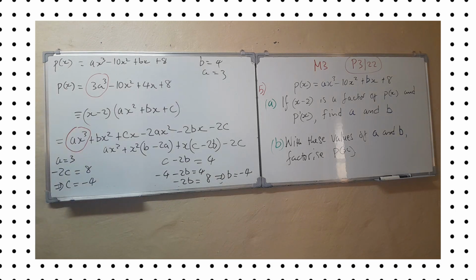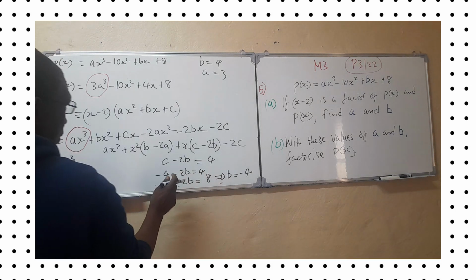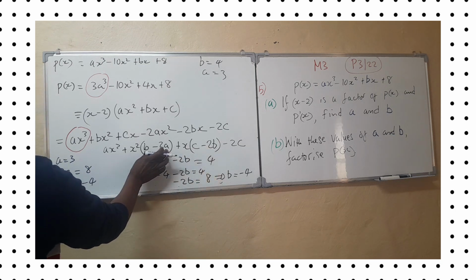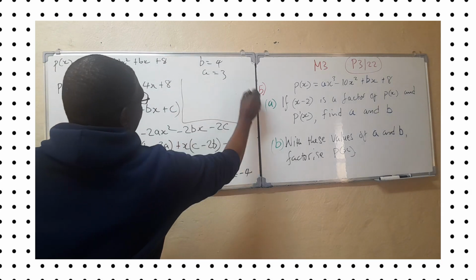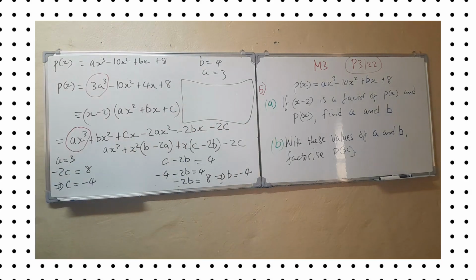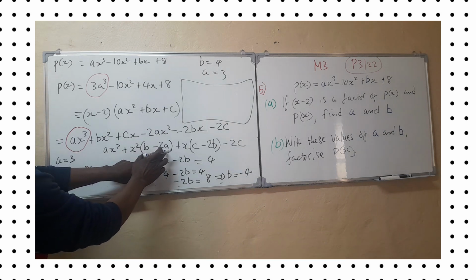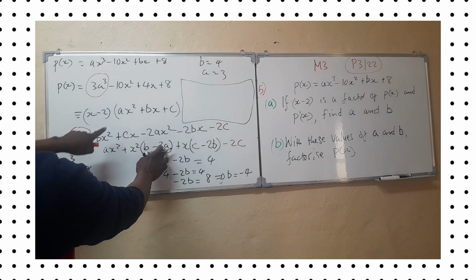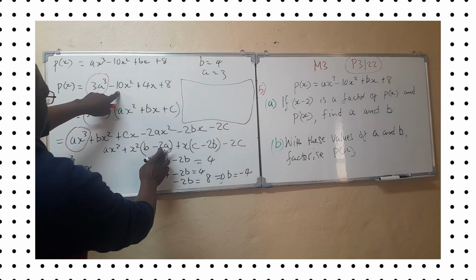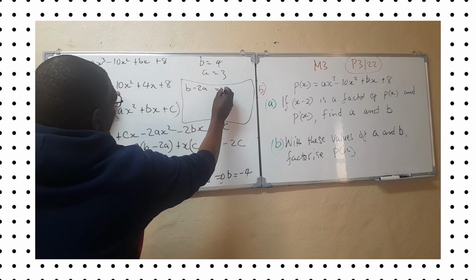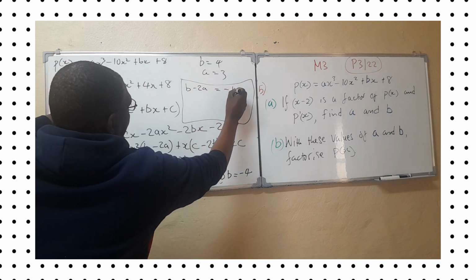Okay, but I need to check this because here I used this one to equate the terms in x. Let me use this one to equate the terms in x squared. Allow me to create a little space here. I'm running out of space. So here, the term in x squared, the coefficient b minus 2a, must also be equal to the coefficient minus 10. So I can write b minus 2a is equal to minus 10, right?